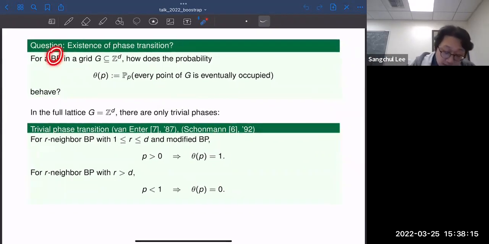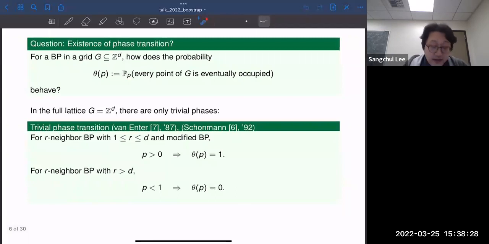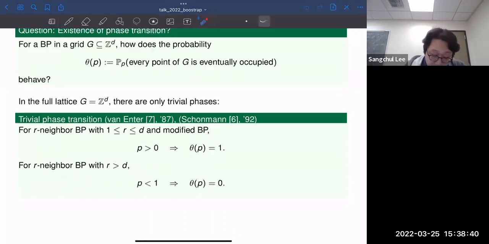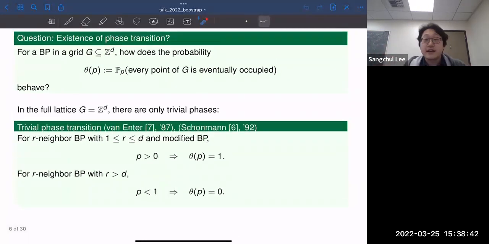For bootstrap percolation in a grid of a hypercubic lattice, how does the probability that every point of the grid is eventually occupied behave as a function of p? At least in the full lattice, when the grid is all of the infinite hypercubic lattice, it turns out that there are only trivial phases. So in the infinite grid, the answer is trivial and not interesting.